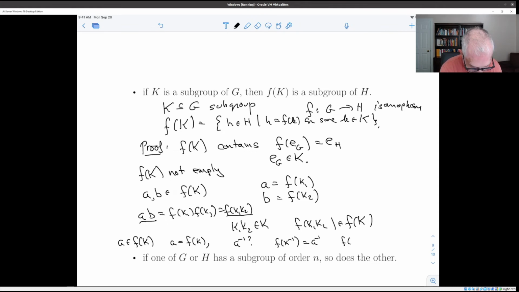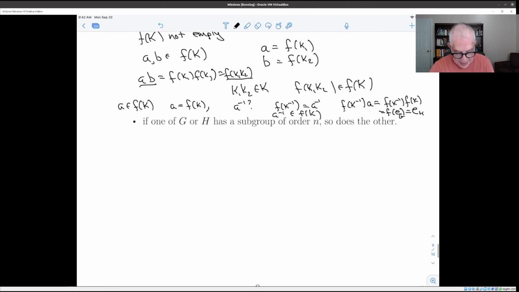If we multiply F of k inverse times a, that's the same as F of k inverse times F of k, which is the same as F of k inverse times k, which is F of the identity, which we know is the identity in, I guess I should put E sub G and E sub H. So F of k inverse acts like the identity on a, and therefore a inverse is in F of K. So the image of a subgroup is a subgroup.